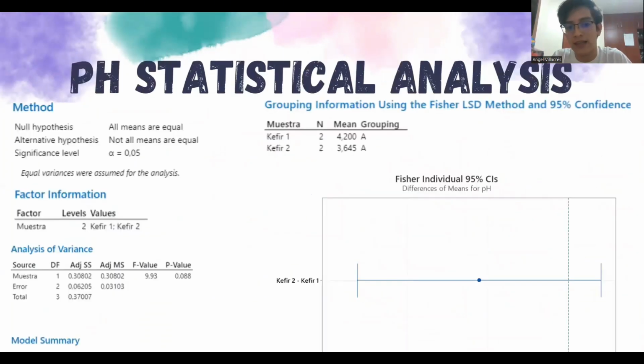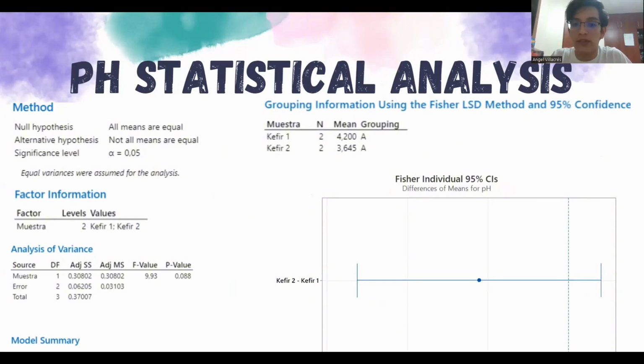pH statistical analysis. Since the p-value of 0.088 is greater than the significance level of 0.05, this indicates that there is an 8.8% probability that the results are not significantly different from each other.